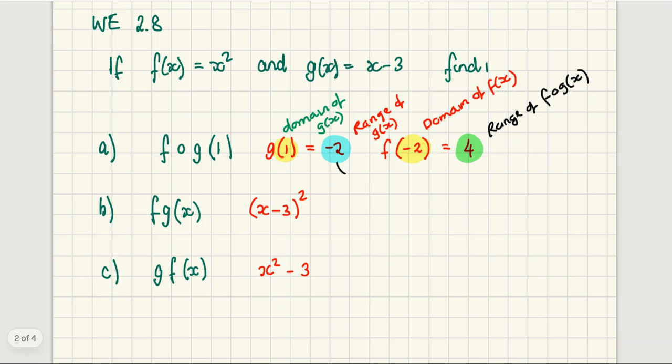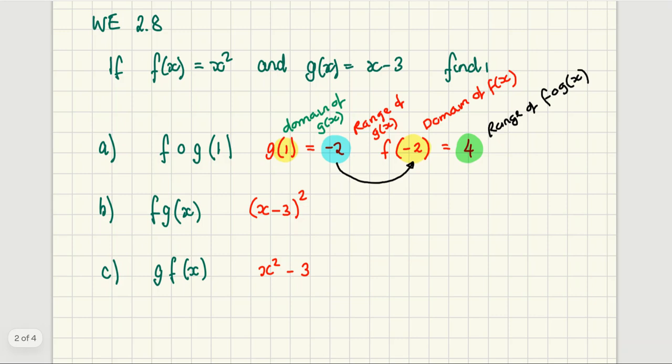Okay. So if this number is being put into that position, this one's no problem, right? Absolutely no issue. But depending on what type of function it is, if I stick something into g of x, it will produce a perfectly valid answer for the range of g of x, but that has to be a valid member of the domain of f of x for it to be a valid composite function.